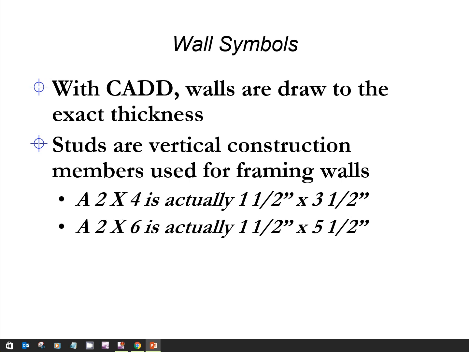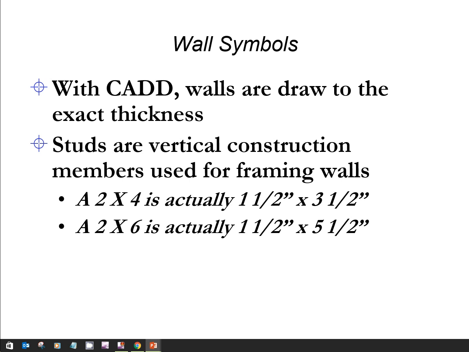And with just plain vanilla AutoCAD, it's rather difficult to dimension to the exterior portion of the framing. So that's why we're drawing our exterior walls slightly different. Once we start using Revit to do 3D modeling, then we'll be able to include the siding and still dimension to the framing.